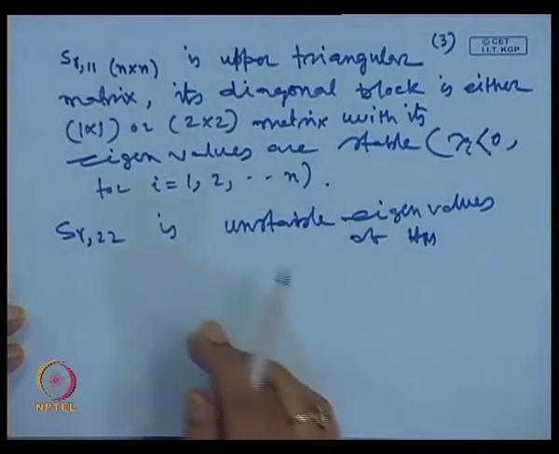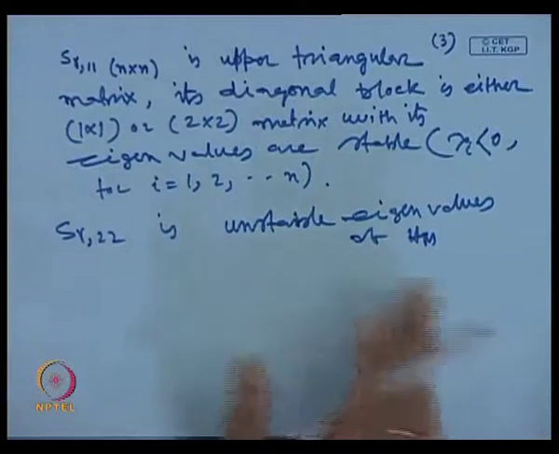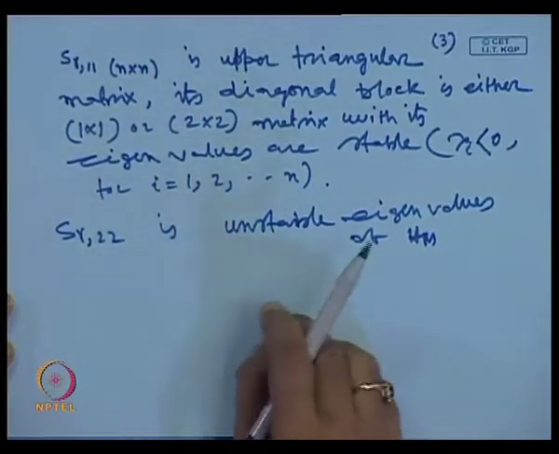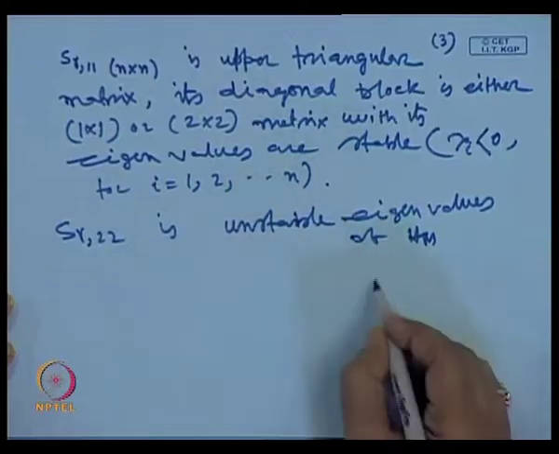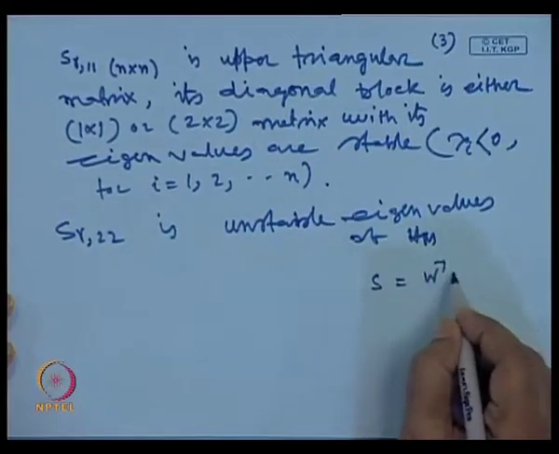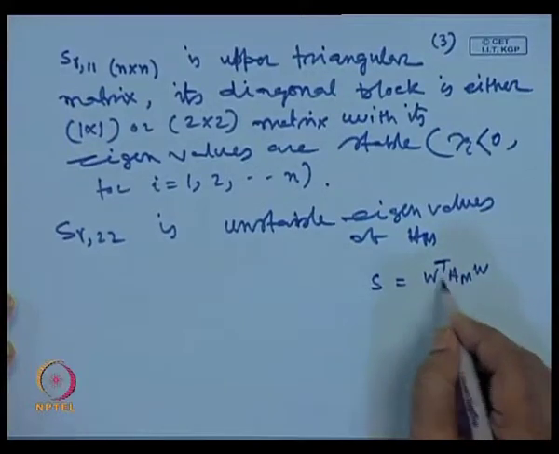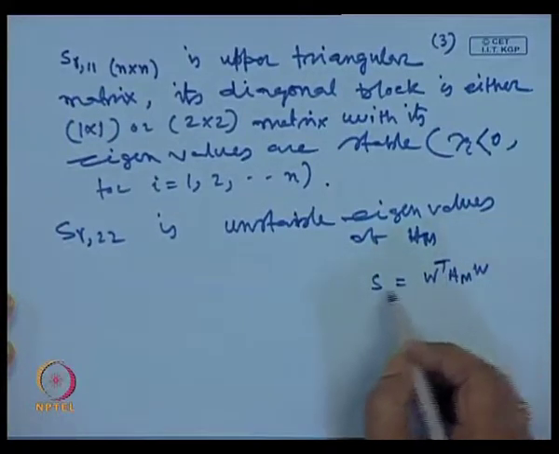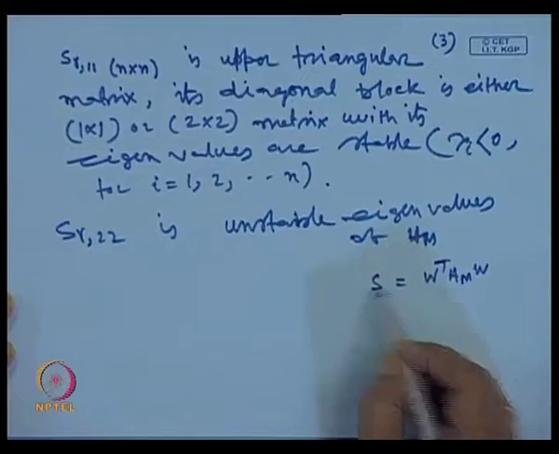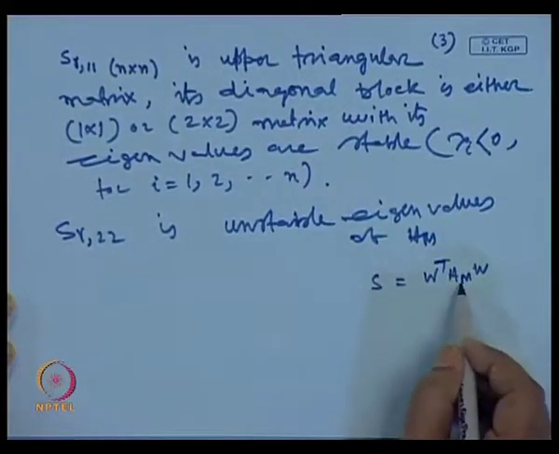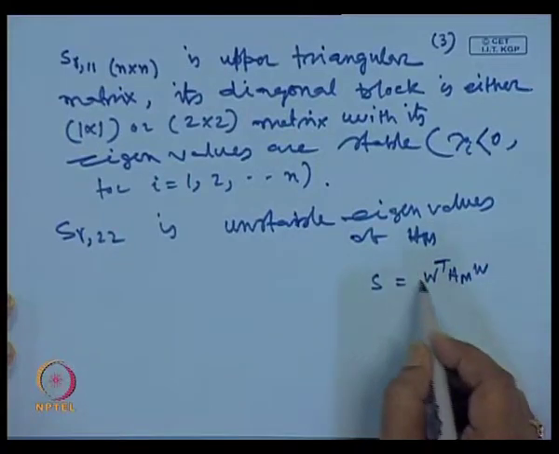Because how? Because we know the transformation: we have got S equal to W transpose HM W. The eigenvalues of HM are the same as the eigenvalues of S, or in other words the eigenvalues of S are the same as the eigenvalues of HM, because this is a similarity transformation.